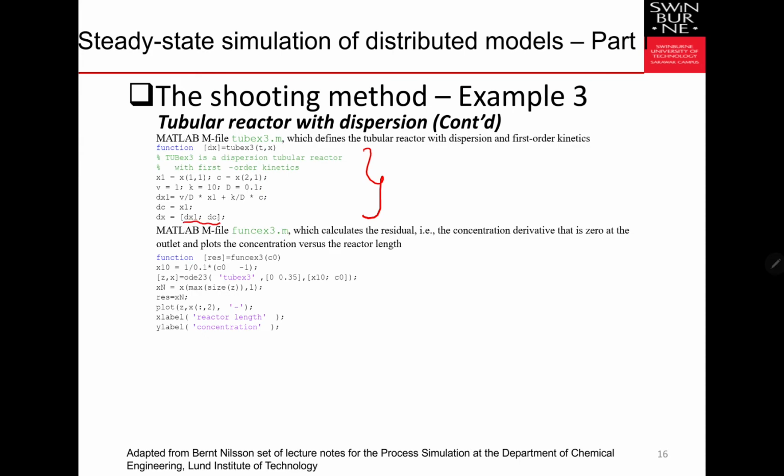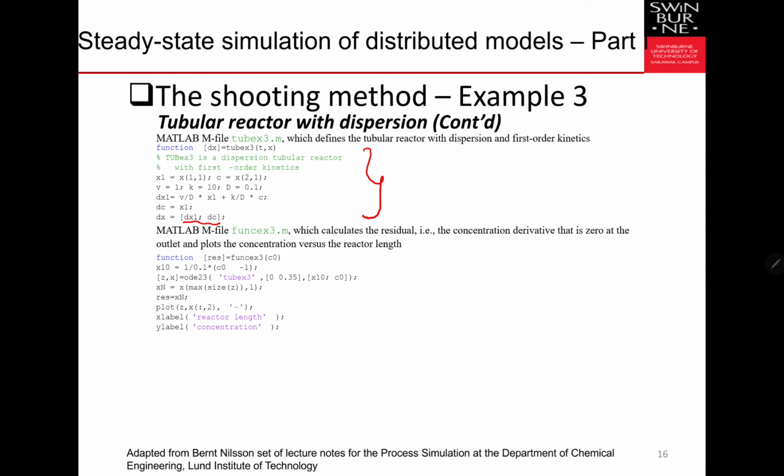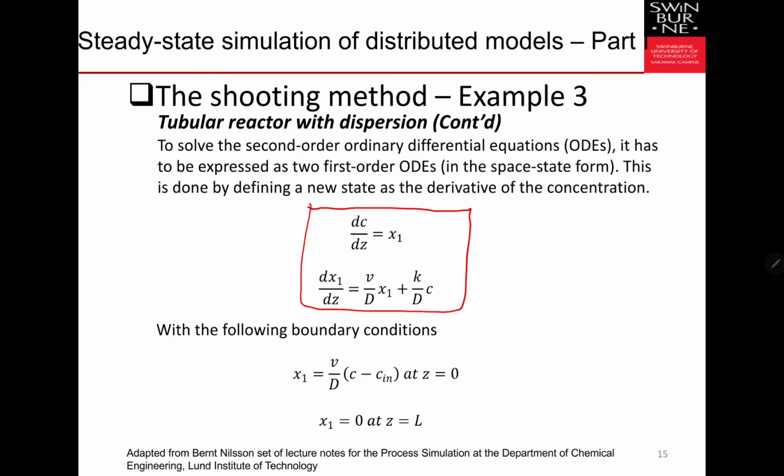This basically expresses the two first order ODEs, with the inputs of t and then x. You see here that x consists of two different variables, the x1 and then the concentration.